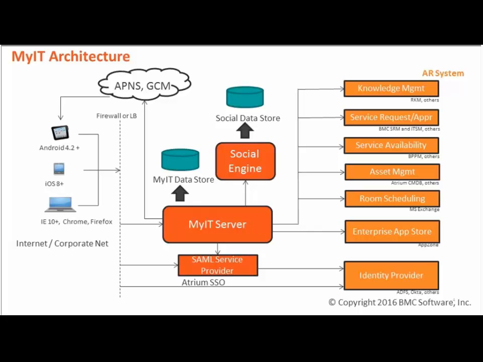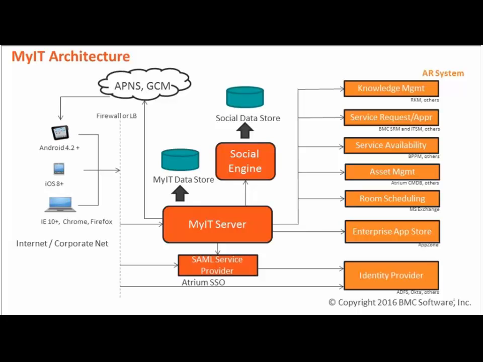If you want to support these kinds of interactions, we need to store the data in a non-relational format, not in a traditional RDBMS format. For that, we use MongoDB, which is one of the leading NoSQL databases available in the market. That's the social data store that we have here.